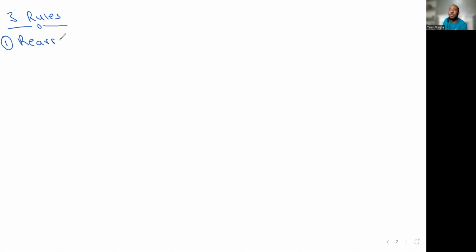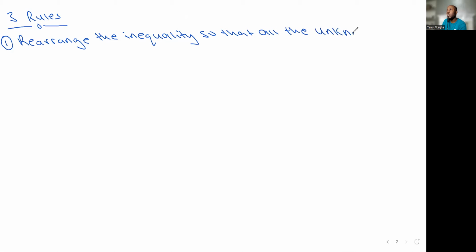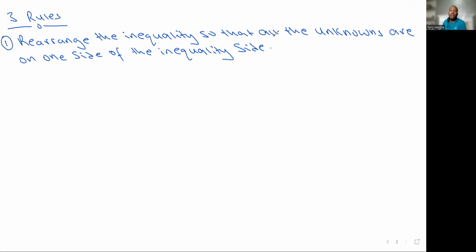The first thing is that you have to rearrange the inequality so that all the unknowns are on one side of the inequality sign.